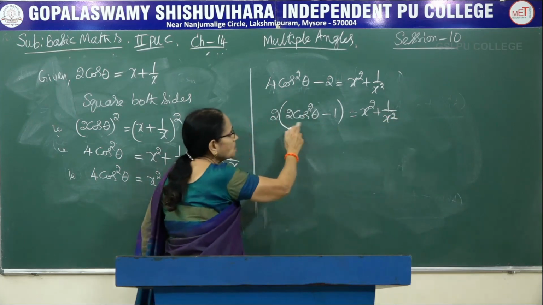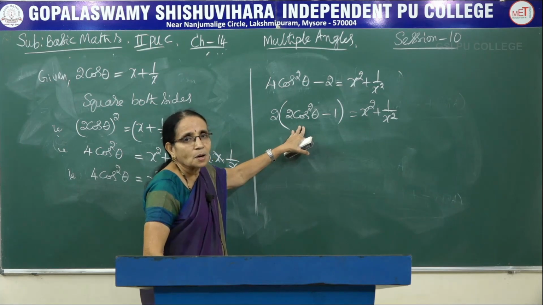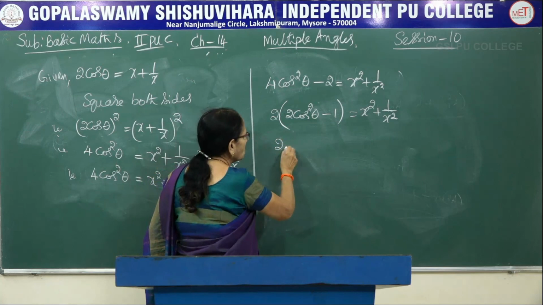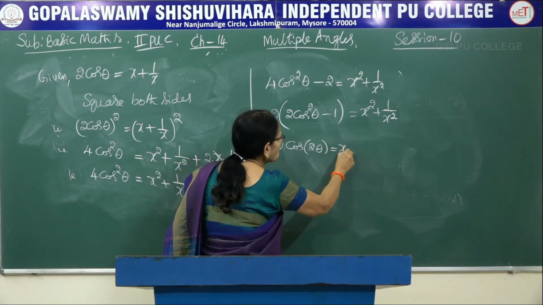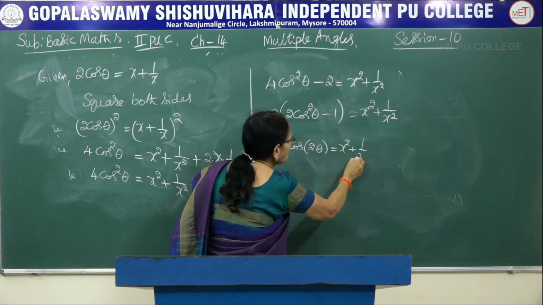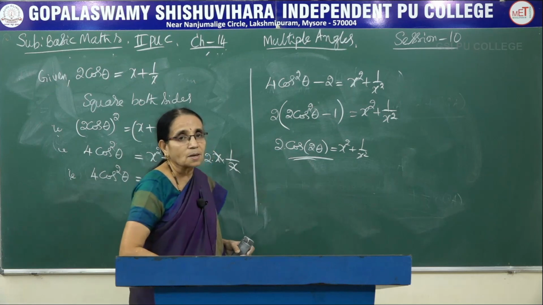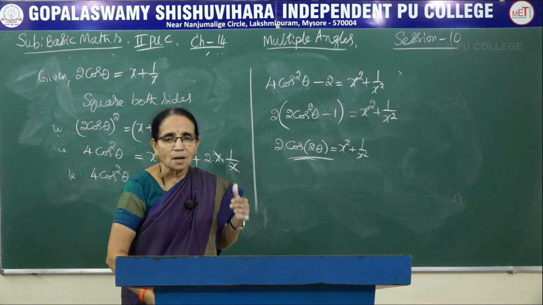Now look at the term inside the bracket, it is nothing but the formula for cos of 2 theta. Therefore, you can write 2 into cos of 2 theta is equal to x square plus 1 by x square. Now here I am not writing LHS, RHS like that because I did not start with the left hand side. Here I started with the data.